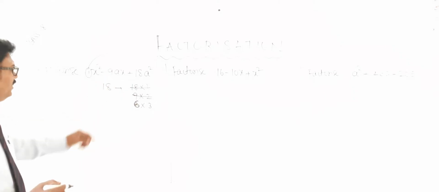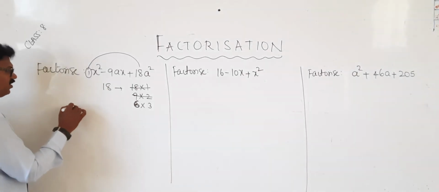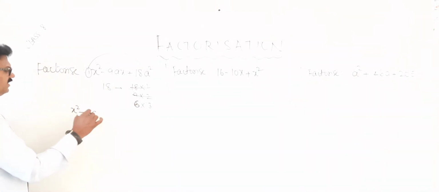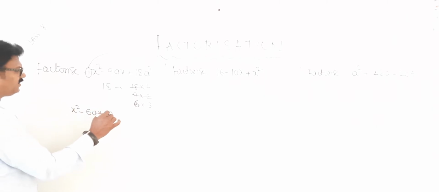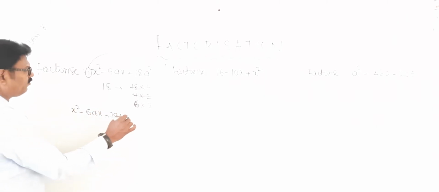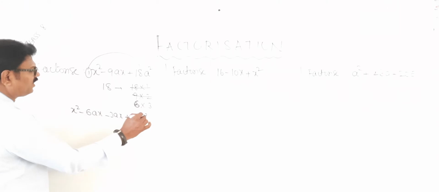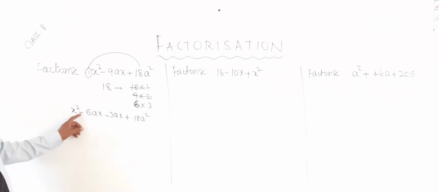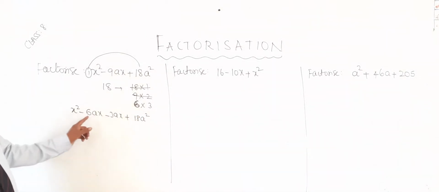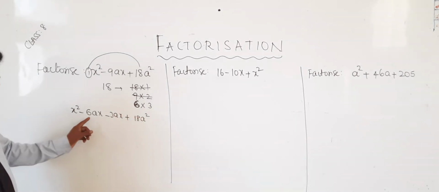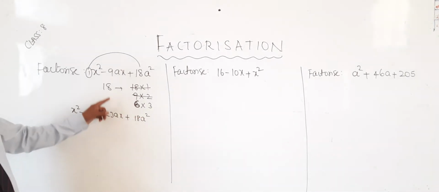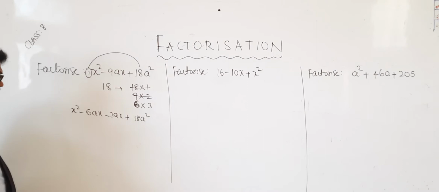So x square minus 6ax minus 3ax plus 18a square. Minus into minus is plus, 6 times 3 is 18, and minus 6ax minus 3ax is equal to minus 9ax.